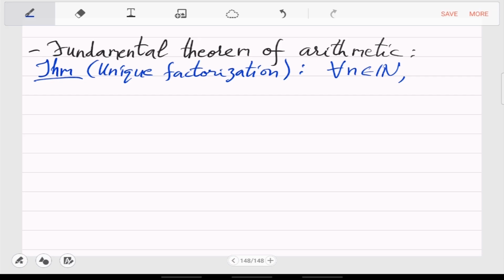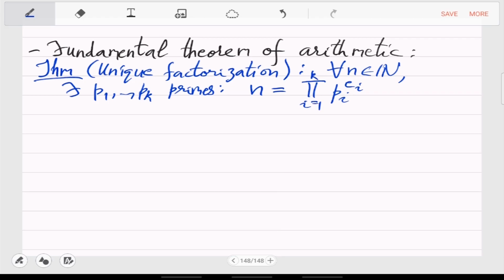So that first existence property is that n will factor into prime numbers. There exist prime numbers such that n is a product of these, with some repetition. So these are distinct primes, right? You can even order them.